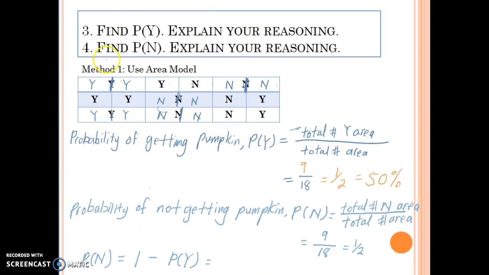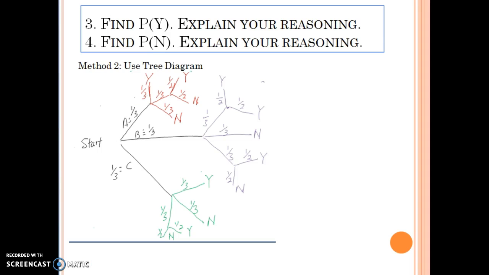Or think about it this way, without dealing with numbers: if you have a 50% chance of getting a pumpkin, then you also have a 50% chance of not getting a pumpkin in this case. Okay? Not always.